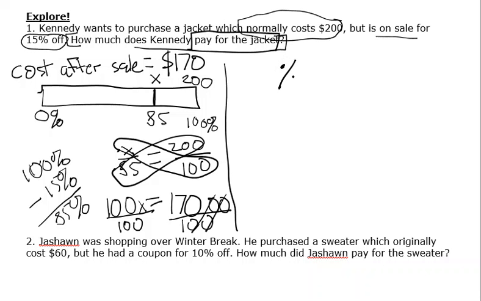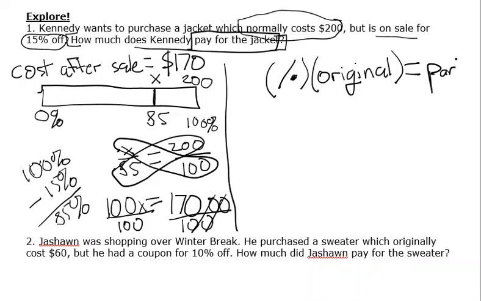The other way I could have done that is I could have said, okay, here's kind of my percent times the original is equal to the new price, so the part or the discount. The percent off is 15%.